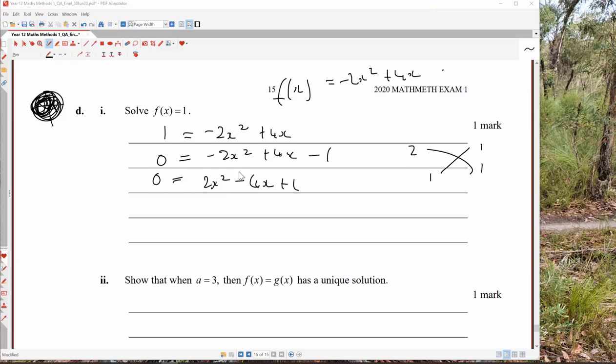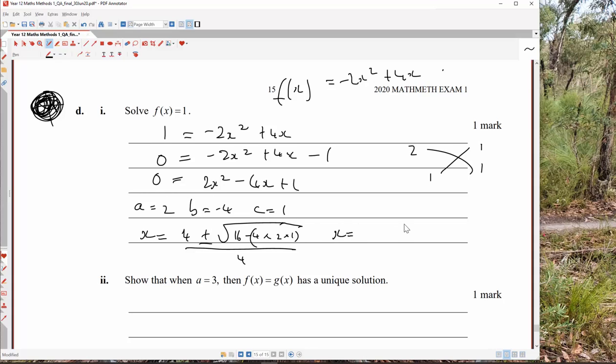So sadly, we're going to have to use the quadratic formula here. a equals 2, b equals negative 4, and c equals 1. Now x equals negative b, so 4, plus or minus the square root of b squared, 16, take away 4 times 2 times 1, over 2a, which is 4.